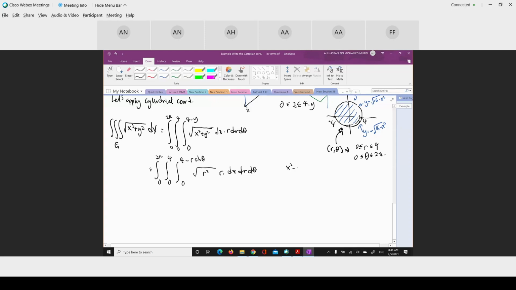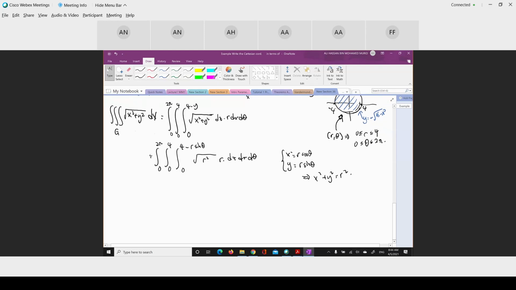Because x is r cosine theta and y is r sine theta, we always have x squared plus y squared equal to r squared. The square root of r squared is r, so r times r is r squared.